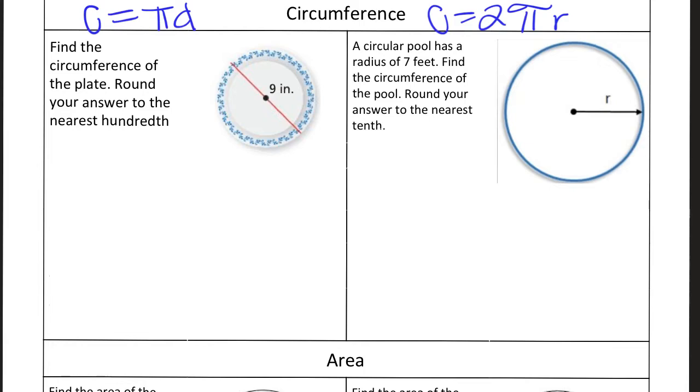Okay, so working with this plate, we want to find the circumference of the plate, so the distance around the outside, okay?